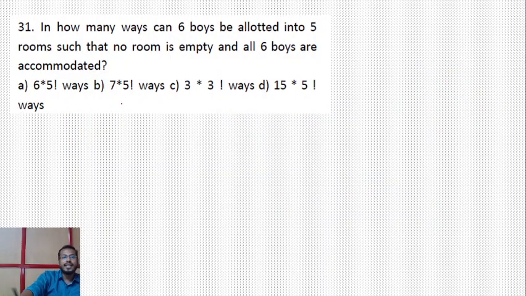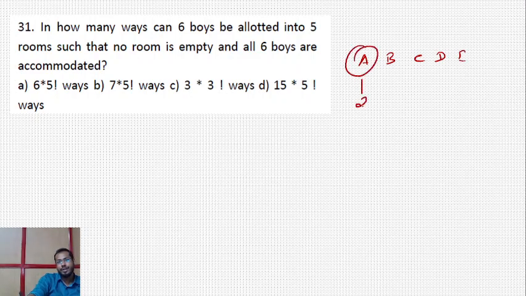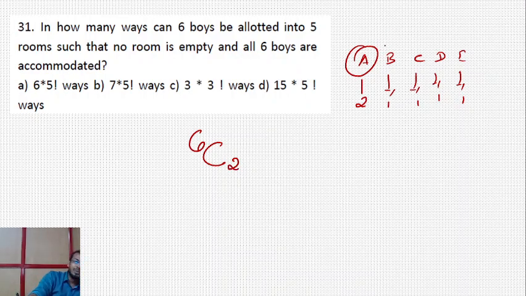Next question. In how many ways can 6 boys be allotted into 5 rooms such that no room is empty and all 6 boys are accommodated? The simple way is that 1 boy should be accommodated extra. So let's take 5 rooms: A, B, C, D, E. In 1 room, I need to accommodate 2 persons, and in the remaining rooms one person each. So out of the 6 persons, select any 2 boys and put them in 1 room.